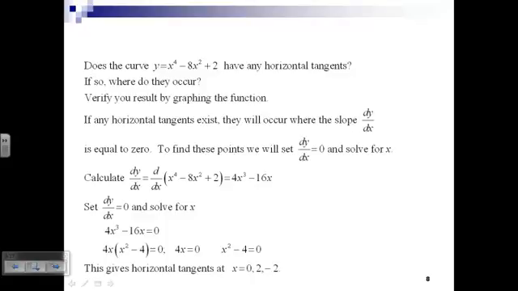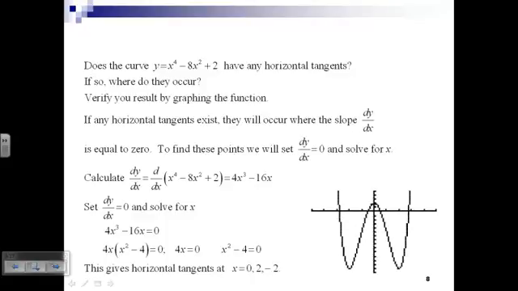And we could graph the function, by the way, and confirm that indeed that is the place where horizontal tangents are. Okay, you do not have everything you need to do the homework yet. You get the weekend off. We'll finish this lecture. But you know what's going to happen on Monday?